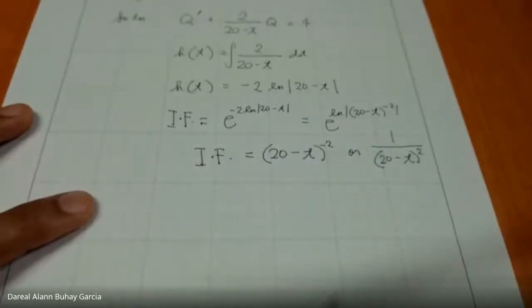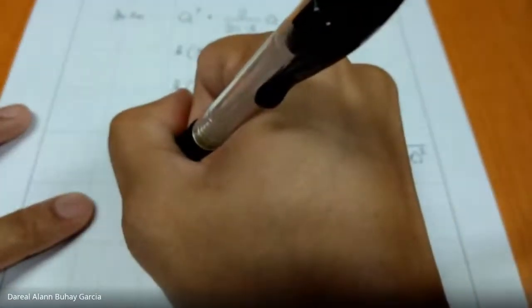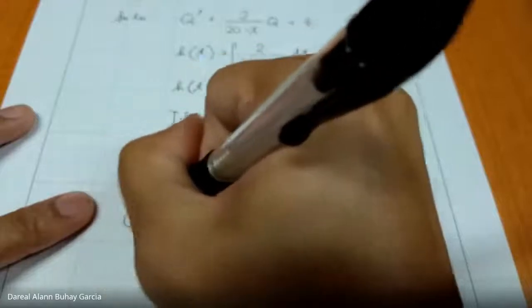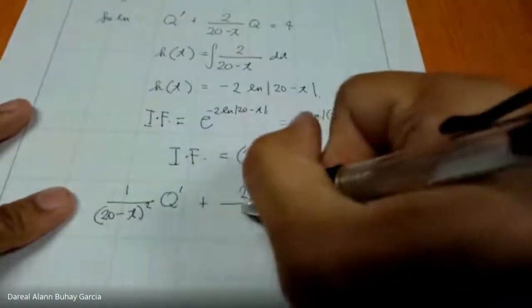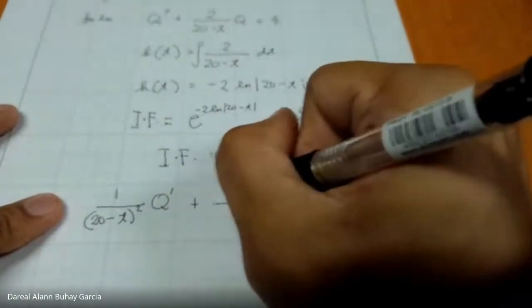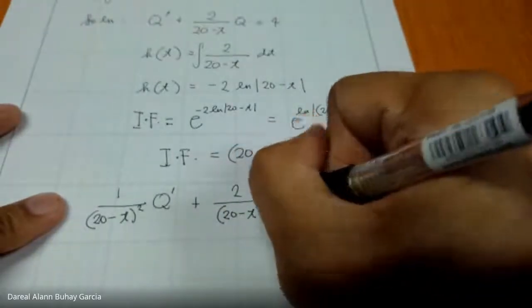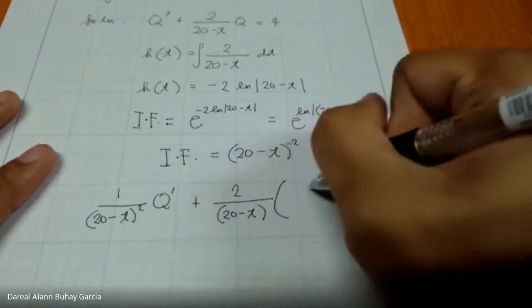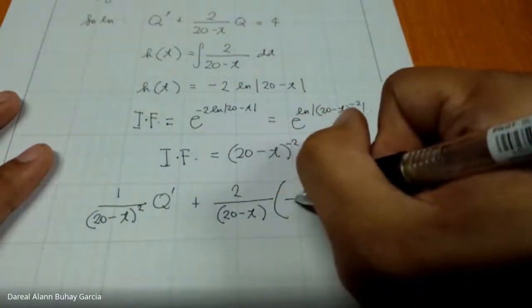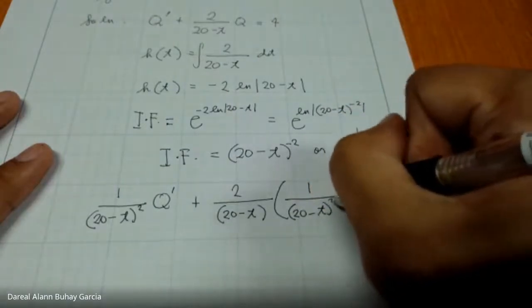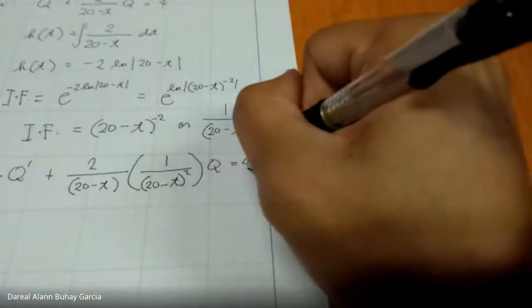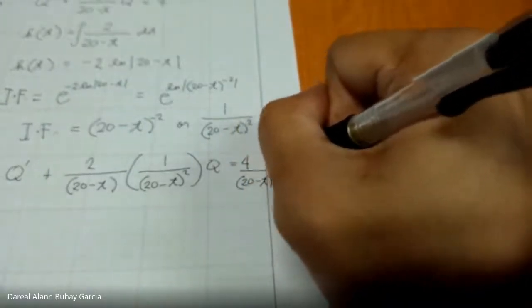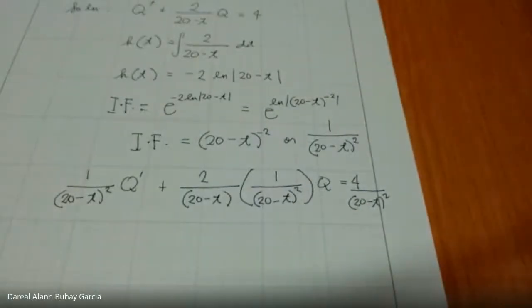What do we do next? Multiply everything by the integrating factor. So the integrating factor, 1 over 20 minus t squared, times q prime plus 2 over 20 minus t times the integrating factor, 1 over 20 minus t squared, times q is equal to 4 over 20 minus t squared.